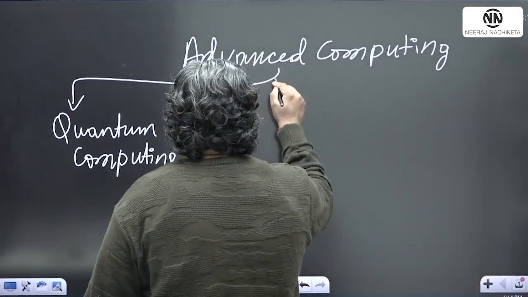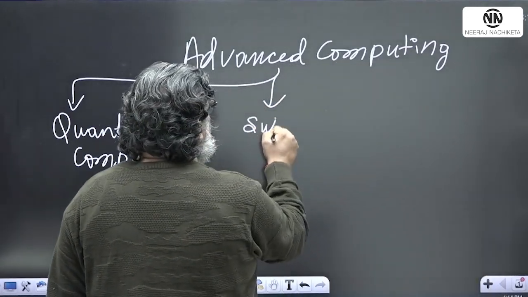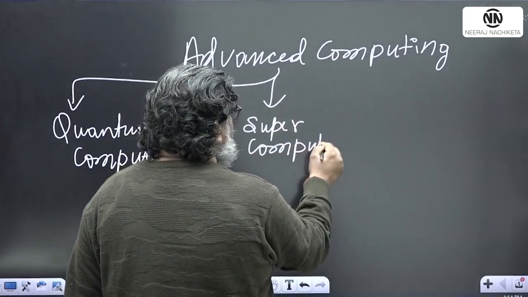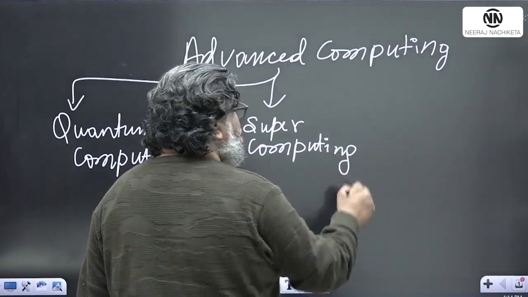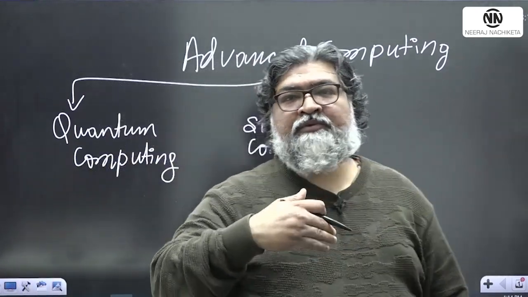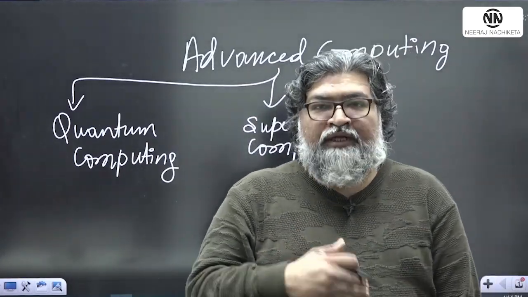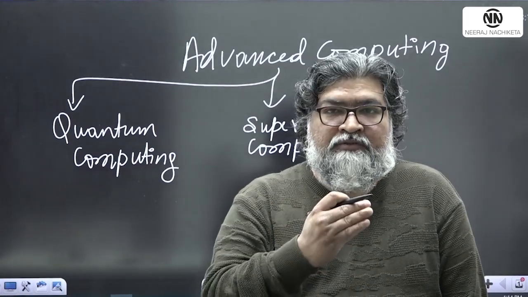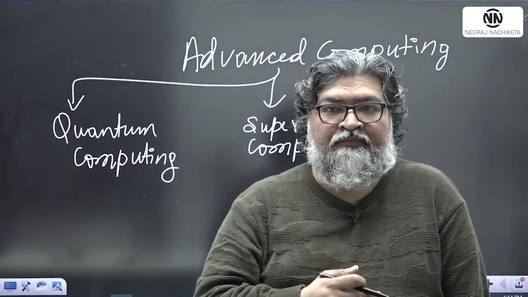The second area which we will go into, another very important one which you all know, is supercomputing. Supercomputers and supercomputing. And we'll see the development of the fastest supercomputers in India. So we'll touch upon a number of important areas from the supercomputers point of view.